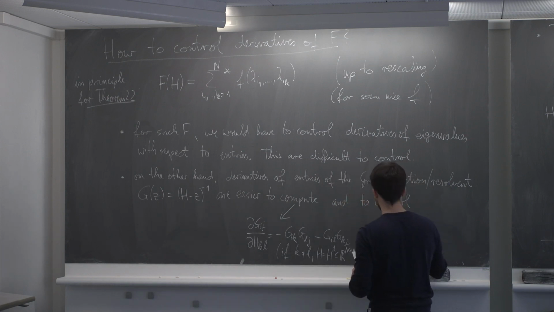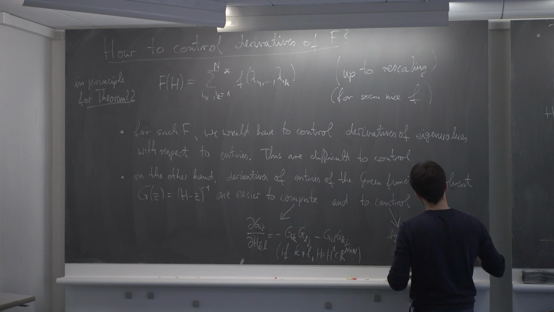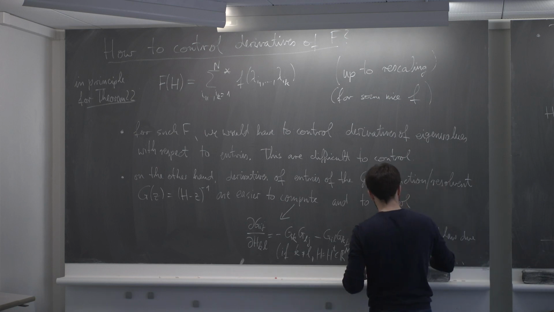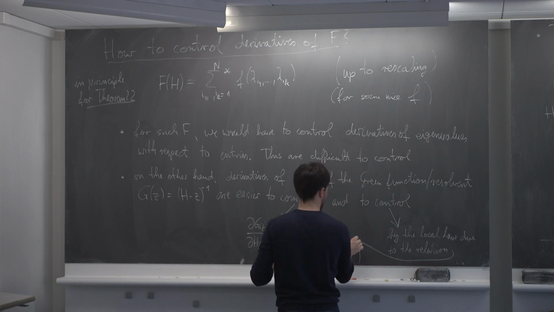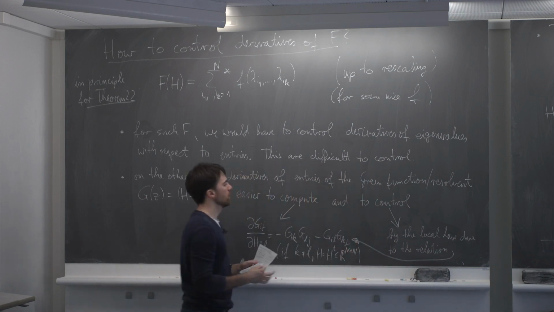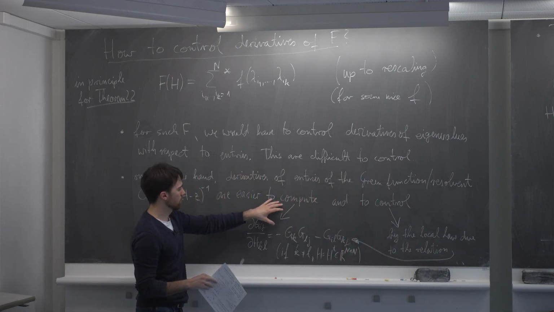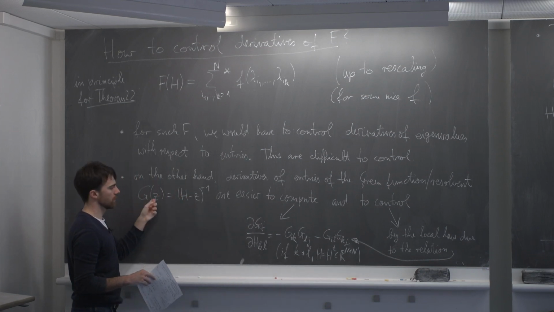Control by the local law, due to the relation that we just proved. Okay, so what is the advantage here of the resolvent, of the Green function?